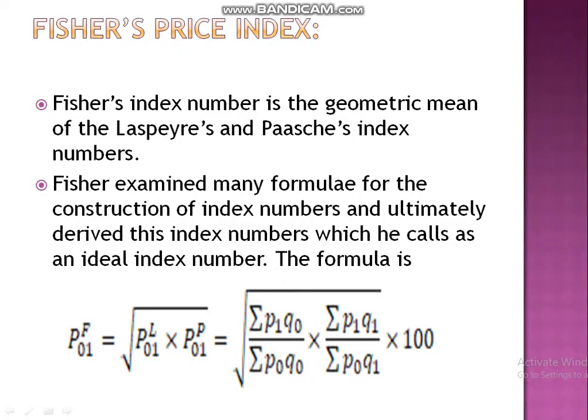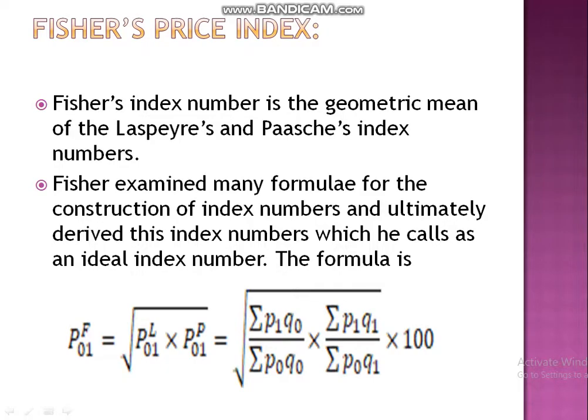Just look at the first part of this formula: P01F, that is the price index number of Fisher, F indicates Fisher, is equal to the square root of Laspeyres' price index into Paasche's price index. So this is just like your geometric mean formula, G is equal to root AB, where A is Laspeyres' price index and B is Paasche's price index.